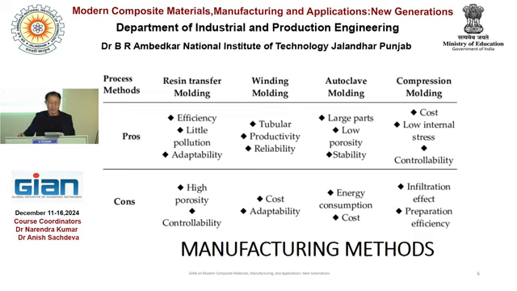So high porosity can exist, and the controllability accordingly is very low. And the winding process means its shape is limited to tubular type, and the productivity is very good because it can be automated. The reliability is very good, but the cost is very high.